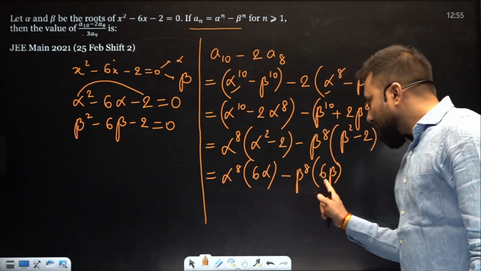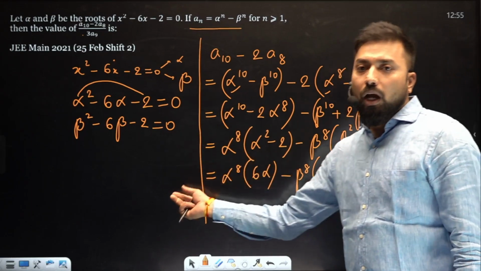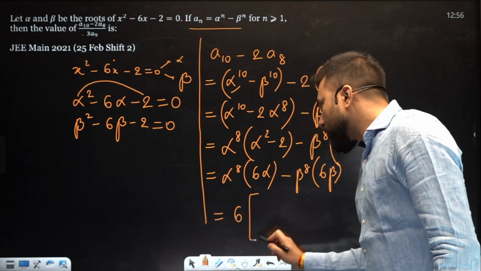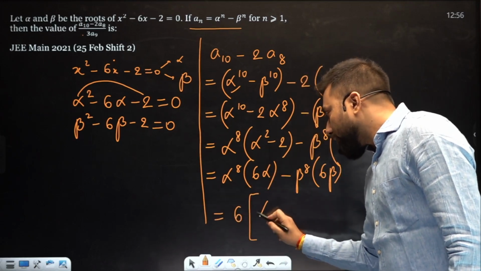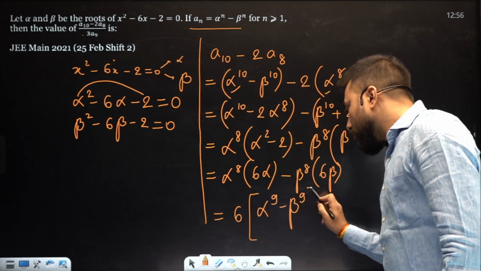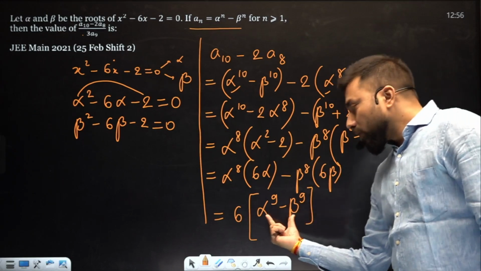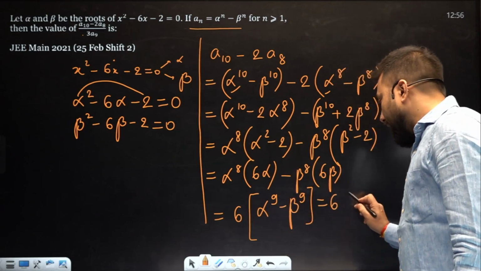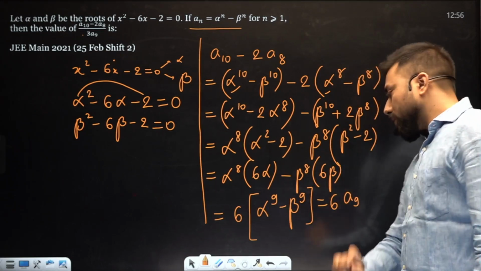6 from here and 6 from here, we can take common out, which will become 6 times. Now this gets multiplied with this one, right? So this will be alpha raised to the power 9 minus beta raised to the power 9, right? Now this expression is what? This is a9, right? So this becomes 6 times a9, right?